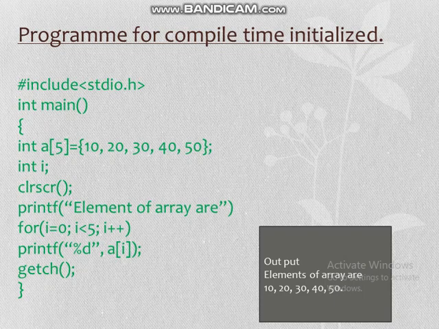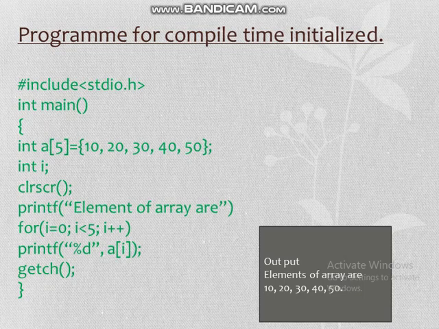We declare the initializing values. The initialization and declaration are done at the same time: an array with 5 elements, 10, 20, 30, 40 and 50. You enter the values in the program itself, so you cannot change them after runtime. You call it compile time initialization.